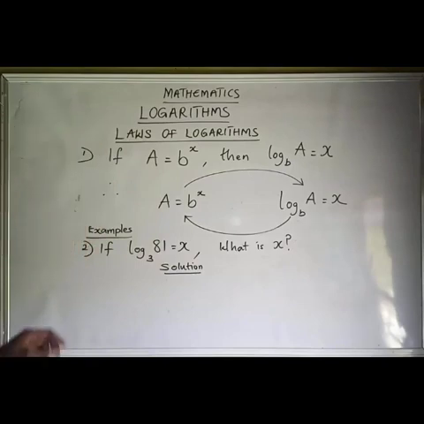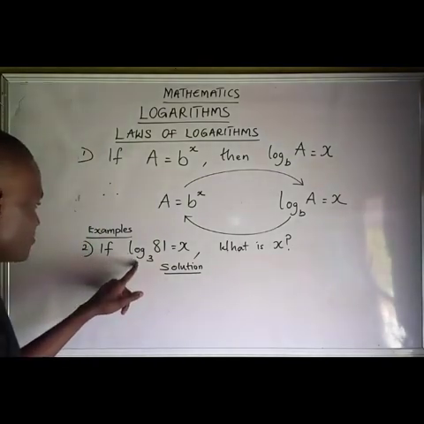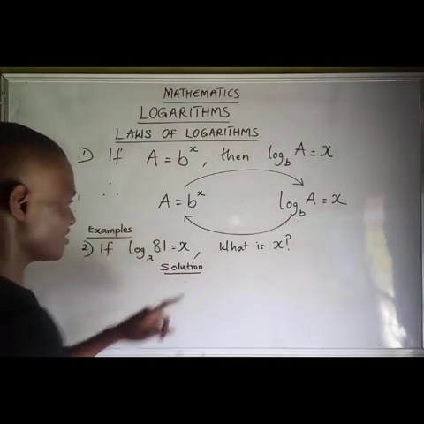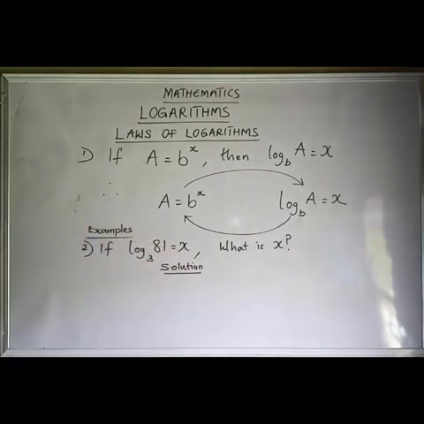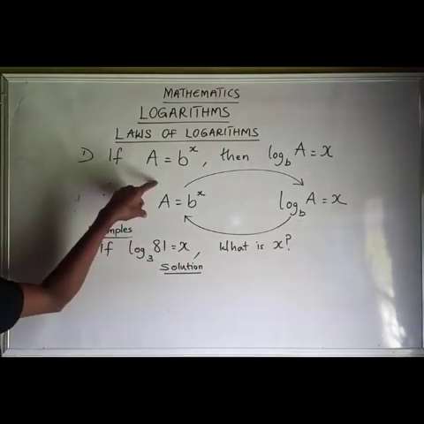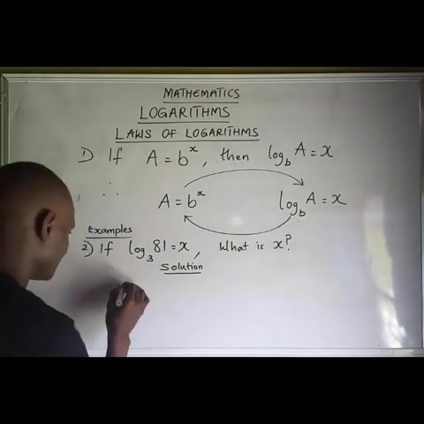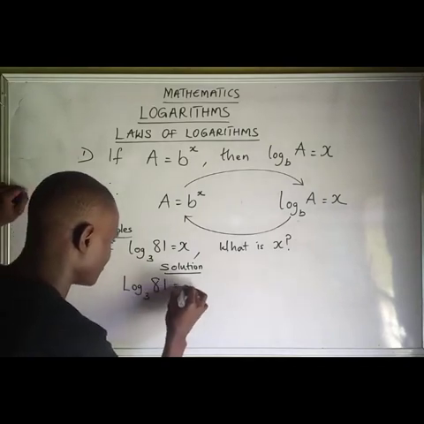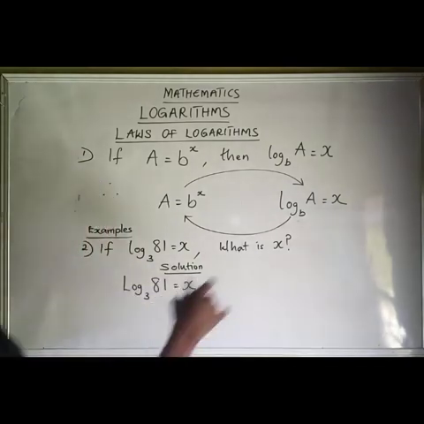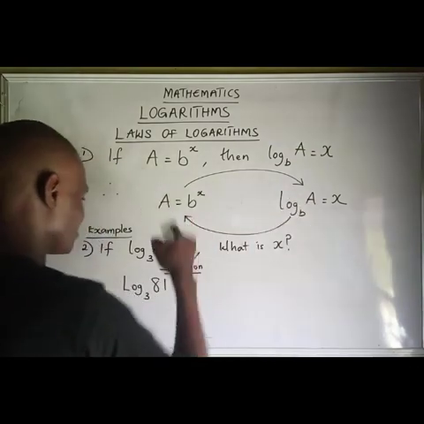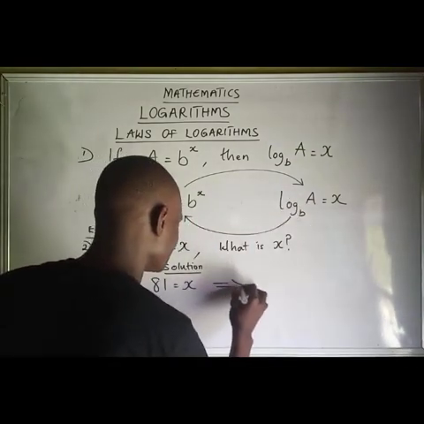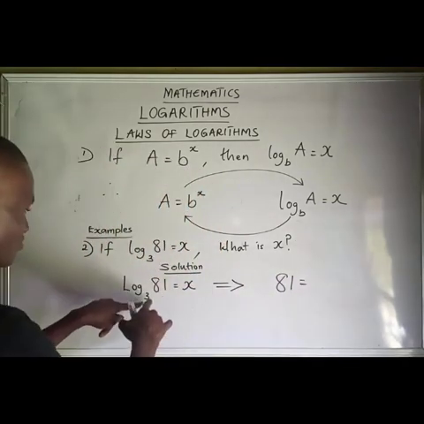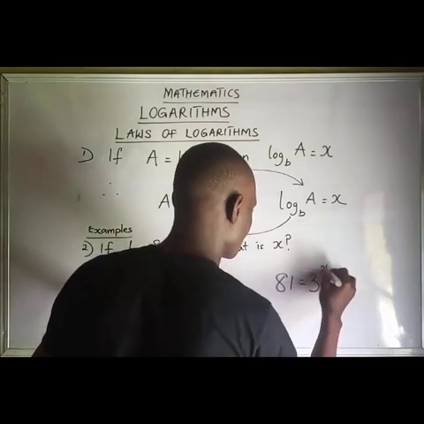Let's take a look at another question, which we can still apply this law to solve on logarithm. The question says, if the logarithm of 81 to the base of 3 is x, then what is this x? I want to recall this particular law. The law tells me that if I have the logarithm of 81 to the base of 3 and we said it is equal to x, we said we can transform this back to this. So that means I can simply write this as saying 81 is going to be equal to 3 to the power of x.